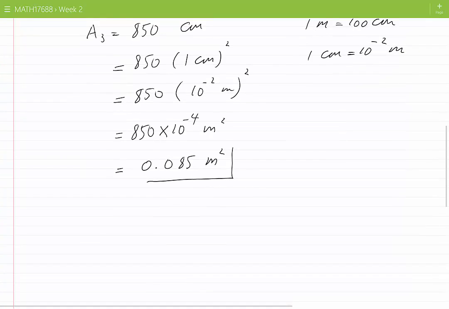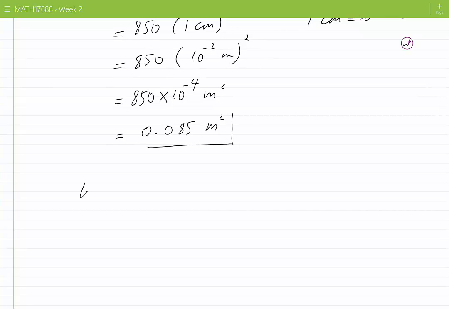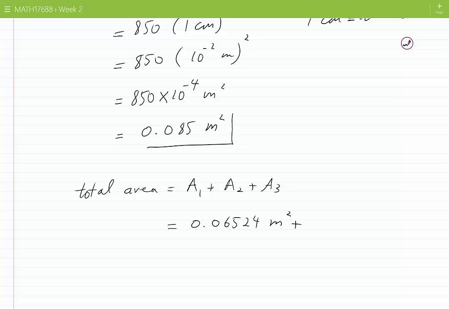The total area would be A1 plus A2 plus A3, which is 0.06524 meters squared plus 0.15 meters squared plus 0.085 meters squared.